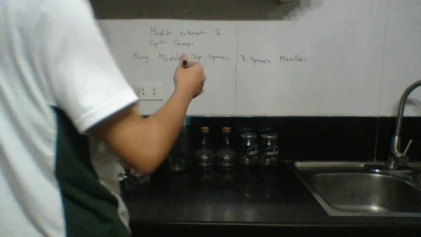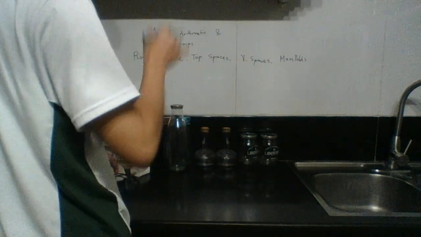Also vector spaces. And I also believe we used manifolds. Yeah, I know manifolds are a subset of topological spaces, but it's worth emphasizing that we played around with manifolds.